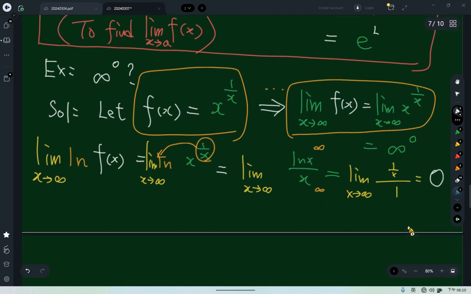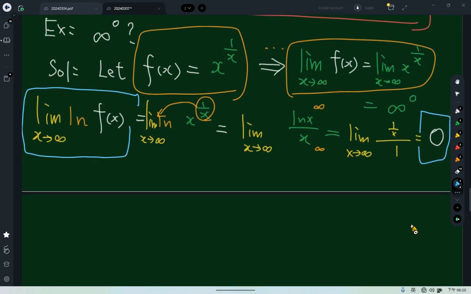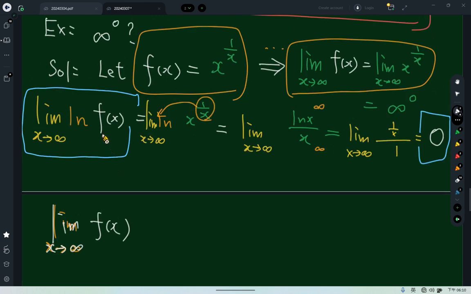But don't forget the result is for the limit as x approaches infinity of ln f of x, which is 0. Our purpose is to get the limit of f of x without ln. Please make a comparison. This is just a temporary process.